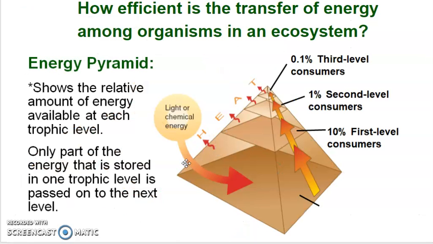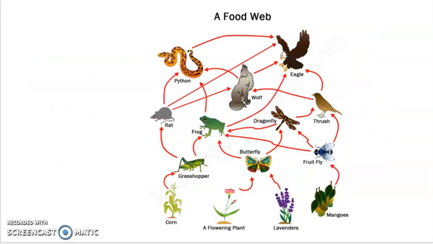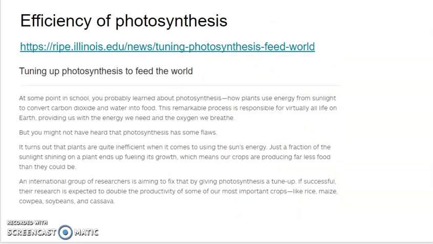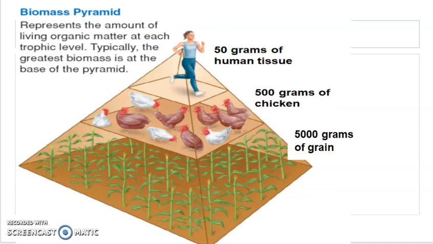I hope this part makes sense. And as I mentioned before, there is a huge amount of study to increase the photosynthesis rate. So how can we increase the photosynthesis rate so we can increase the biomass of plants?